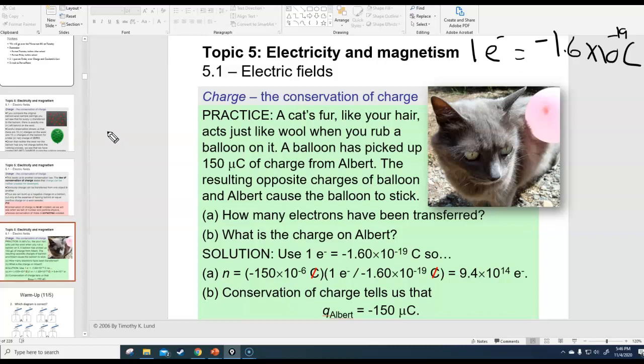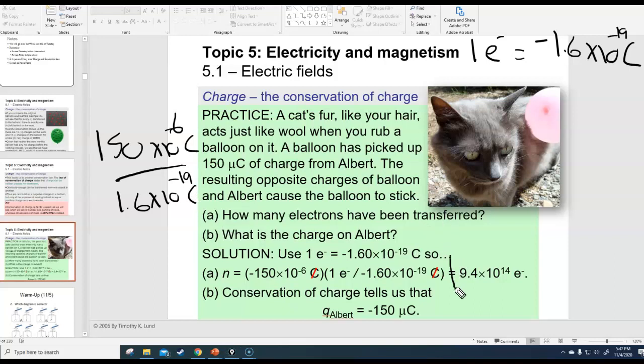So we take 150 microcoulomb, which is 150 times 10 to the negative 6 coulomb, and divide by the elementary charge. You can see the answer on the slide: 9.4 times 10 to the 14 electrons have been transferred. So the balloon has gained what sounds like a small amount of charge, only 150 microcoulomb, but the number of electrons that had to be transferred is a ginormous amount.